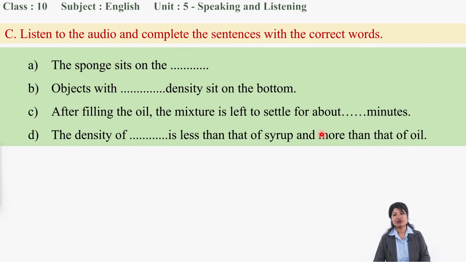You have to find out how many minutes. Then D. The density of the what is less than that of syrup? You have to write down the particular name of the matter. Which matter has less density than syrup and more than oil? Okay, so you have to write the word over here.